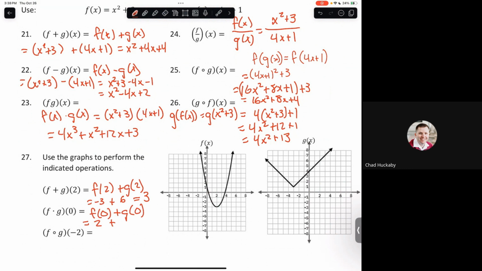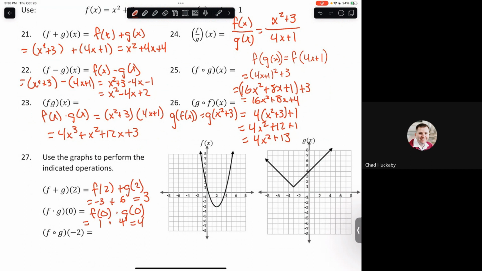Wait a second, it looks like I messed up that first one. When x is 0, it looks like f is 1. And then g is 4. I'm just driving the struggle bus today. We're looking at f times g, not f plus g. There we go. 1 times 4, which is just 4. Okay, I'll get this one right.